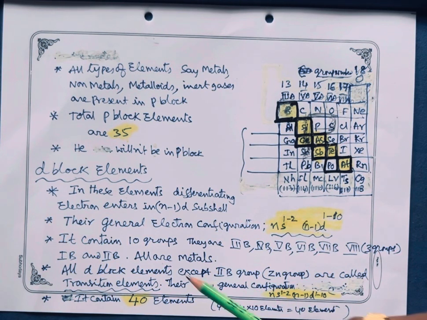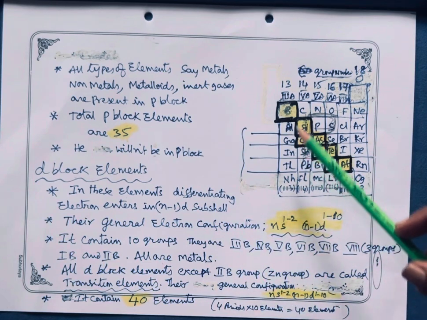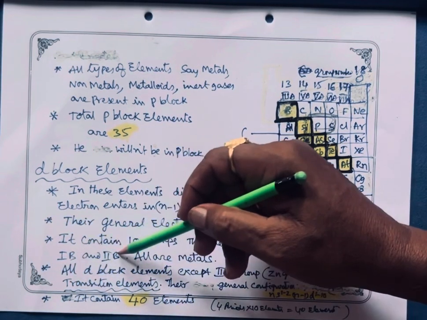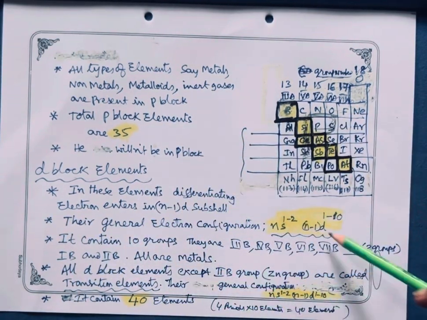It contains 10 groups. They are third B, fourth B, fifth B, sixth B, seventh B, eighth, 3 groups. Next come first B and second B. All d block elements are metals.